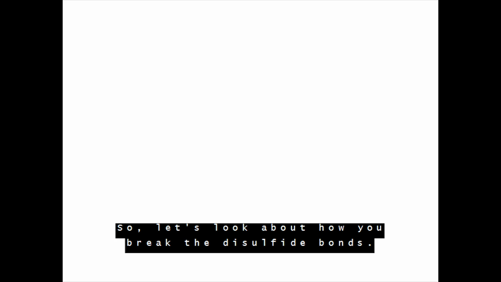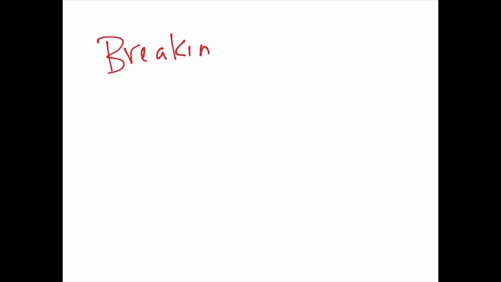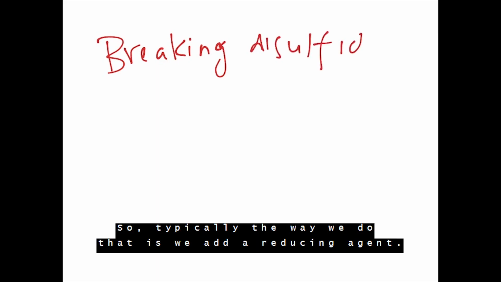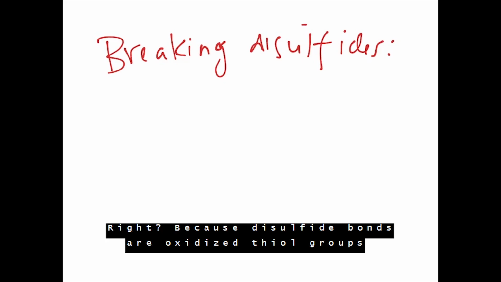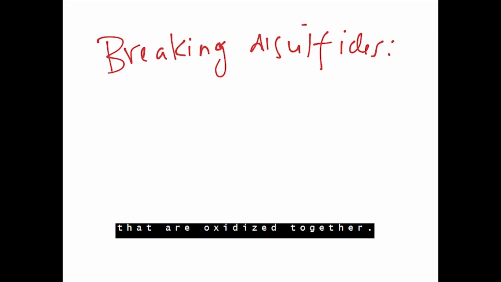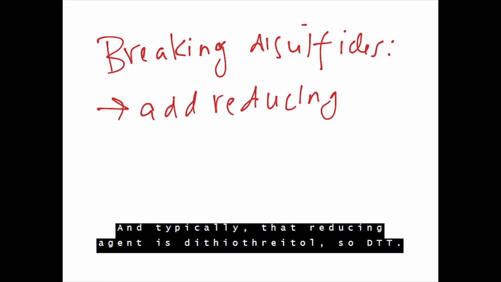So let's look at how you break the disulfide bonds. Typically the way we do that is we add a reducing agent, right? Because disulfide bonds are thiol groups that are oxidized together. So we add a reducing agent, and typically that reducing agent is dithiothreitol, so DTT.